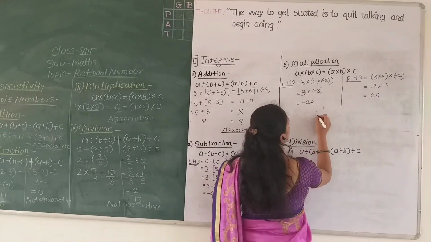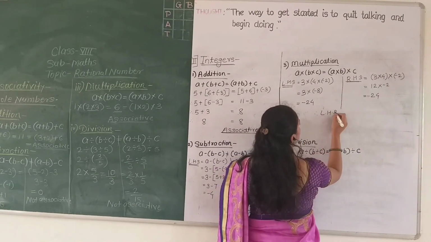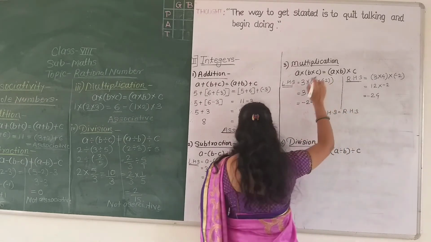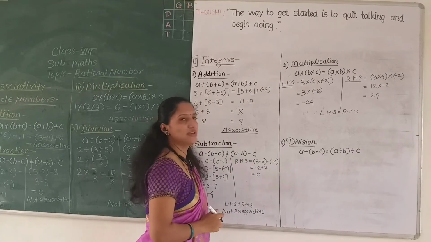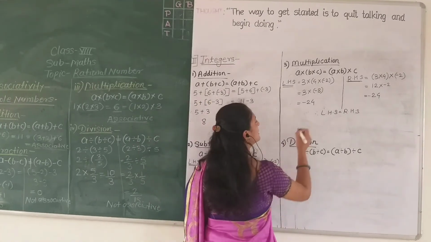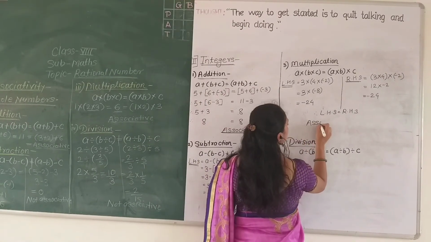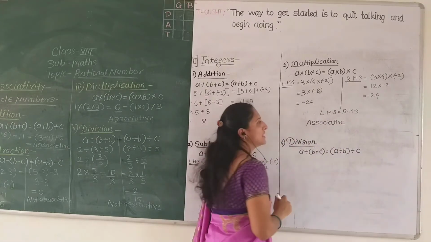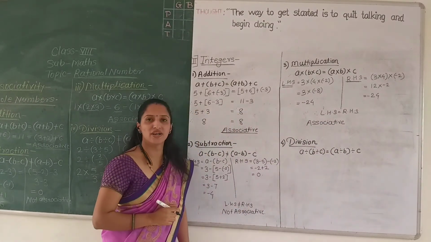That means here LHS is equal to RHS. So this shows that multiplication is associative for integers.